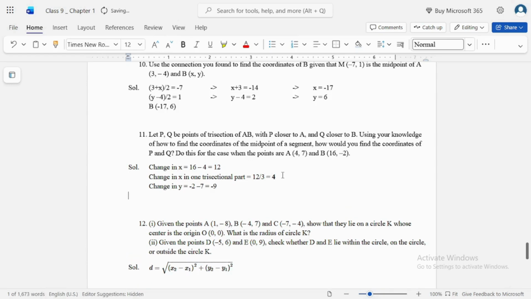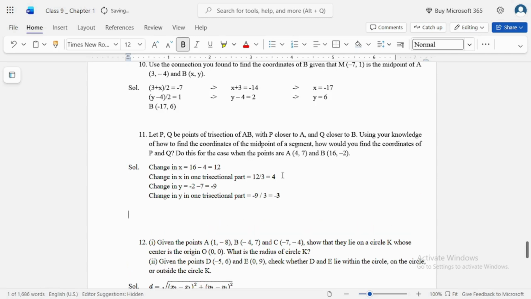Cool. And similarly we will do it for y also. Change in y in one trisectional part, okay, -9 divided by 3, which is equal to -3. Now our job is very easy.